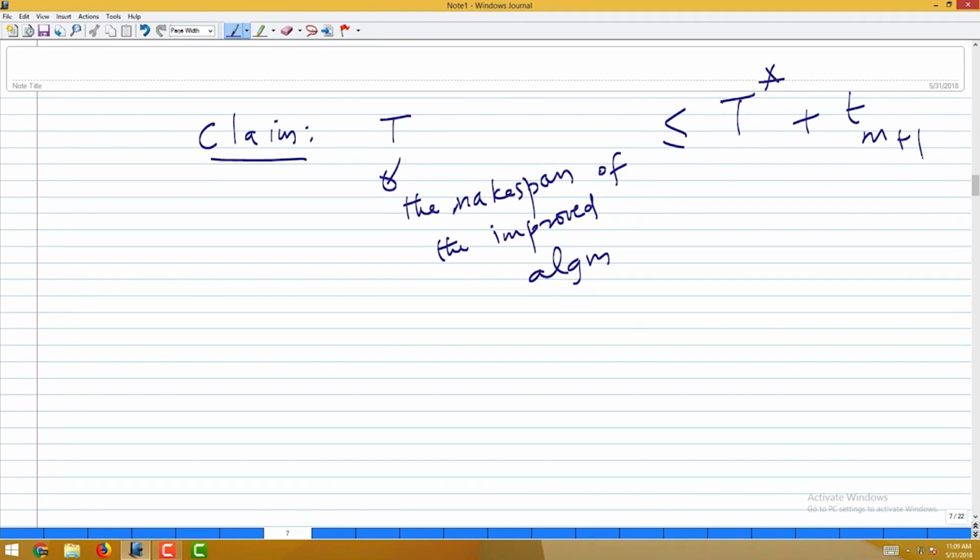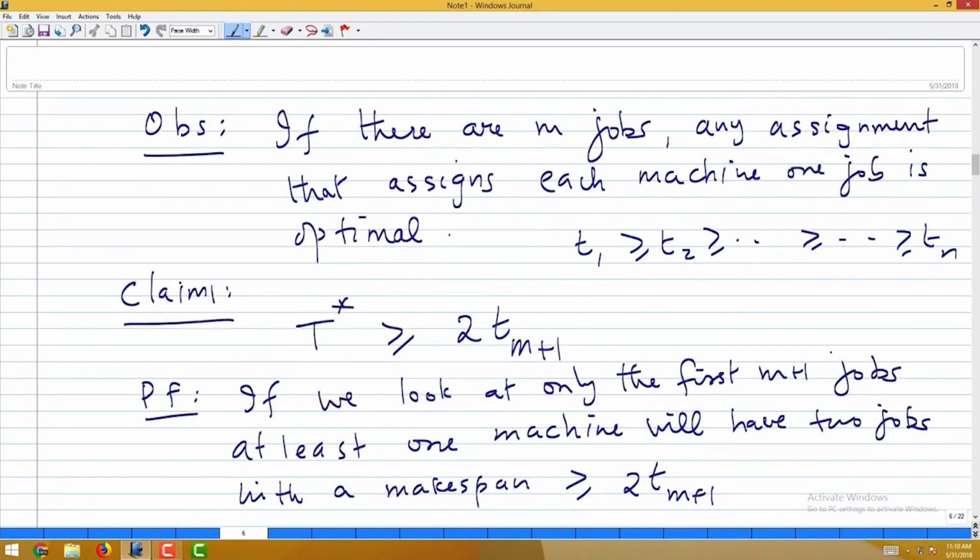I look at that job and remove the last job. We argued that the load up to that point is at most T star. Now, the last job number is at least m plus 1 and the timings are all decreasing. So, this job's time is at most T m plus 1, but we already argued T m plus 1 is at most T star by 2.